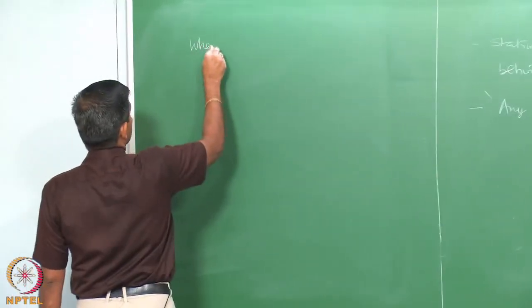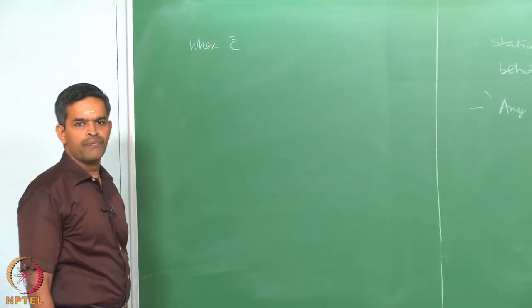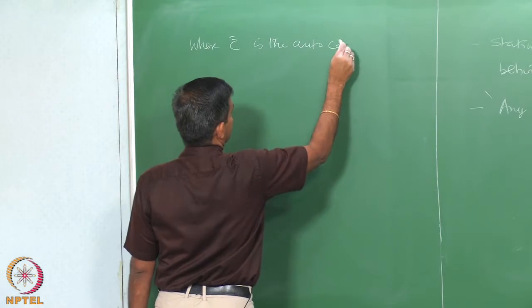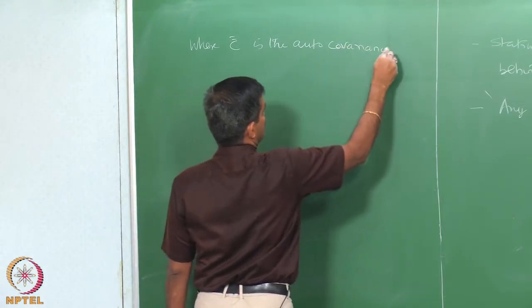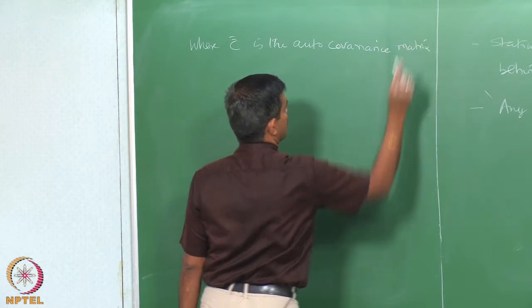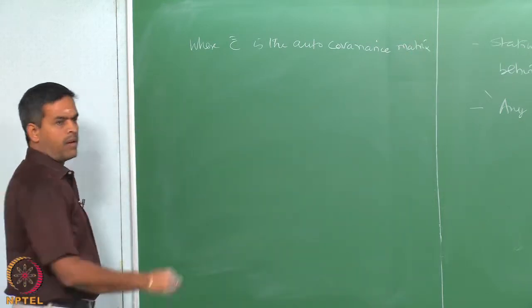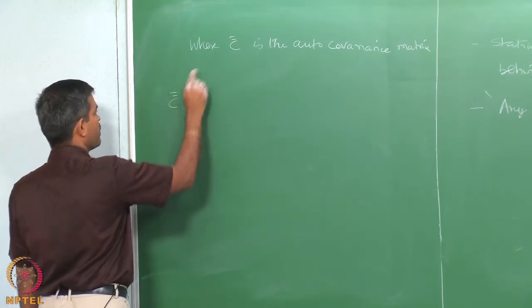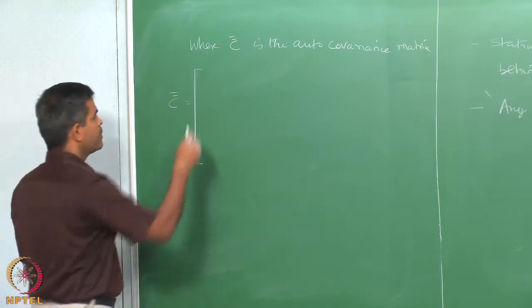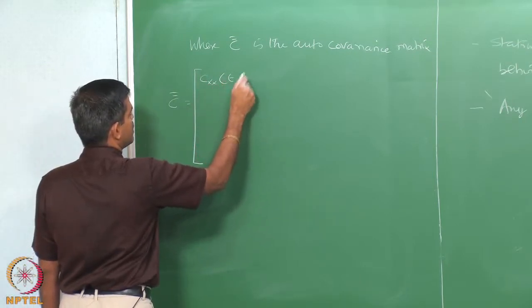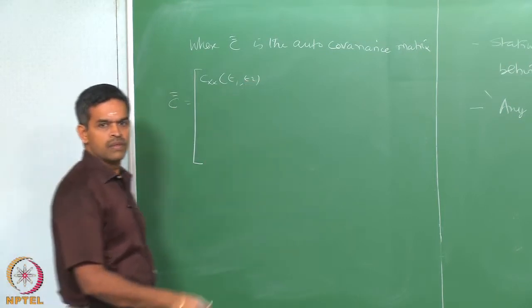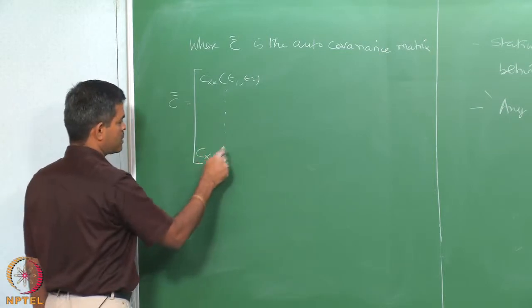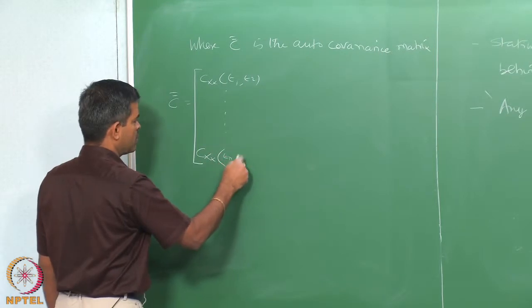where C bar is the autocovariance matrix. So, C bar is actually given by a matrix which can be C x x t1 t2 varying from and extending till C x x tn t1.